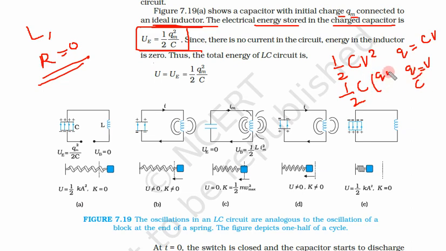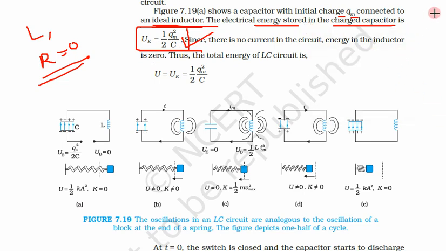Initially the charge was maximum, so Qm by C square, one C goes out, and we get half Qm square by C. This is the electrical energy stored in the capacitor when it is charged up to a value Qm.